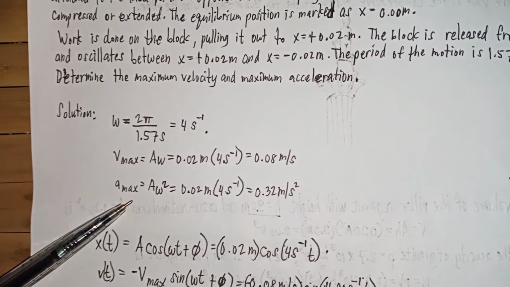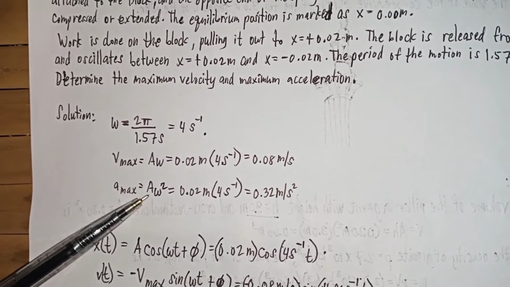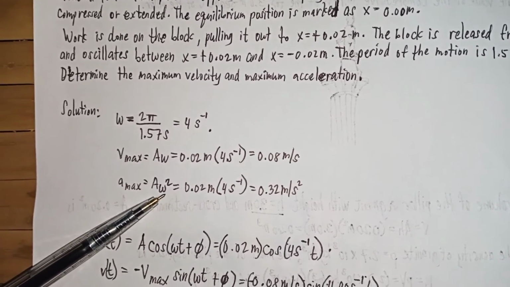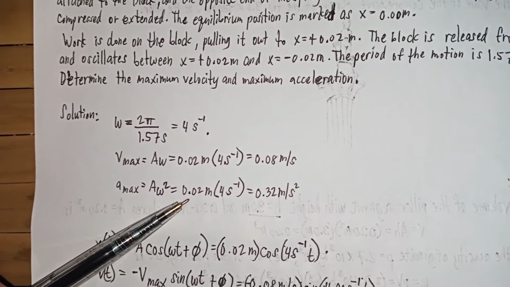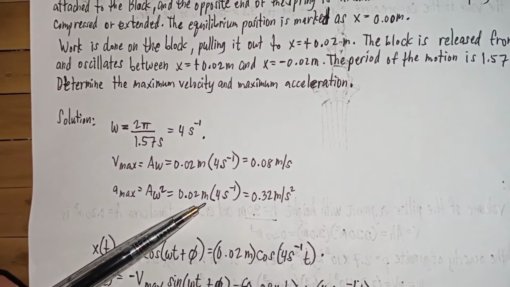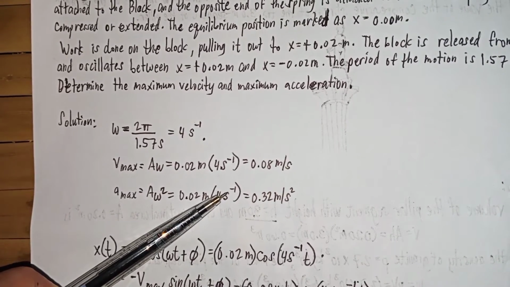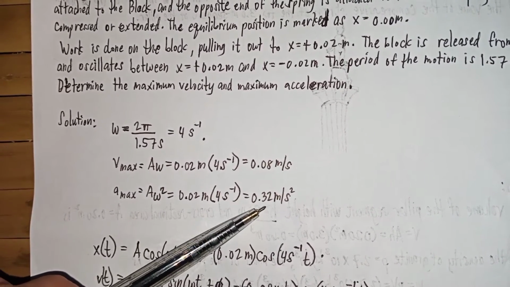And then the maximum acceleration equals amplitude times angular frequency squared equals 0.02 meters times 4 s to the power of negative 1 squared equals 0.32 meters per second squared.